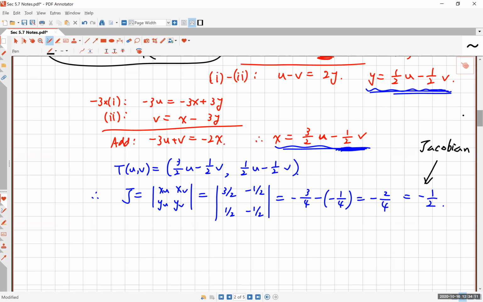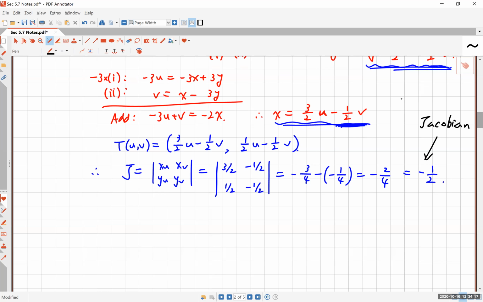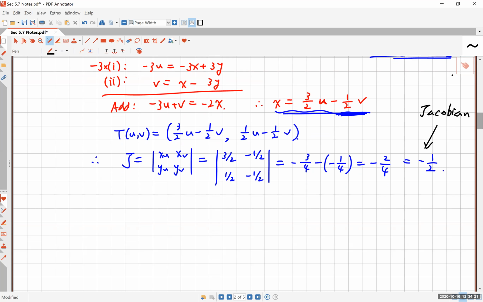You may need to watch this a couple of times. The first time you may get a general idea, and the next time you may have to look more carefully at all the details. So anyway, I identified U and V, and I solved the system of equations to find x and y in terms of U and V so that I can find the Jacobian.